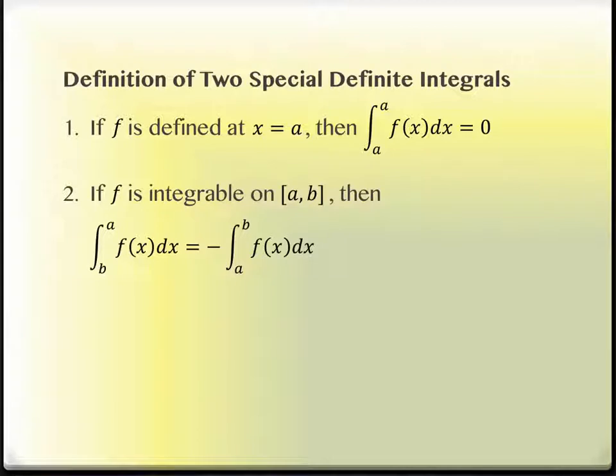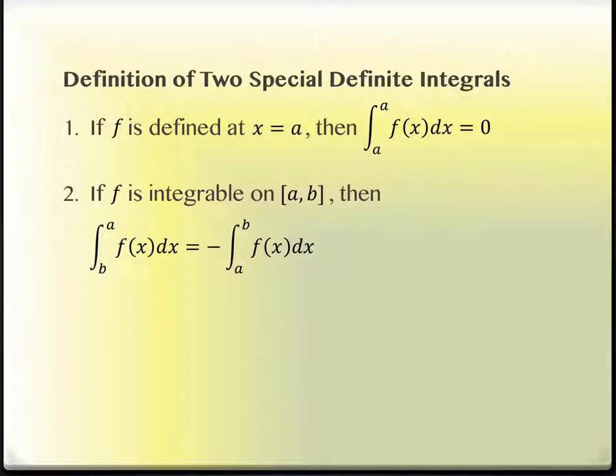All right, we have a definition next about how definite integrals can be manipulated or changed and equal other quantities. So if you take a look, these are 2 special definite integrals. It says if f is defined at x equal a, then the integral from a to a of f of x is 0.